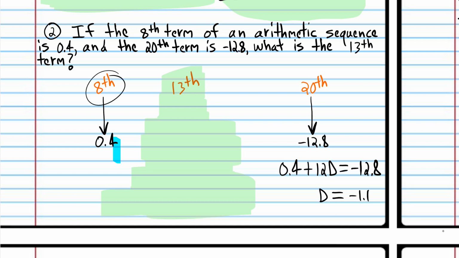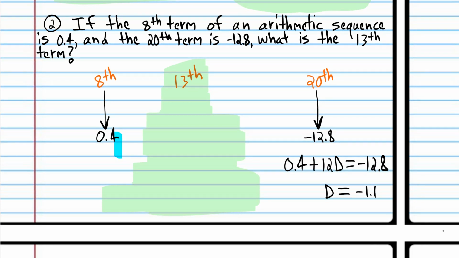So the 8th term is closer, so I'm going to start with the 8th term. So we have 0.4, the 8th term, and I'm going to move that down here.